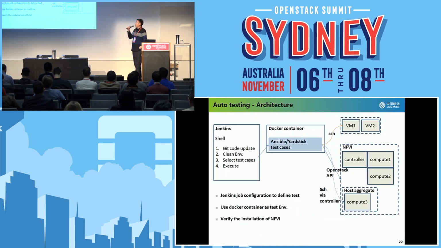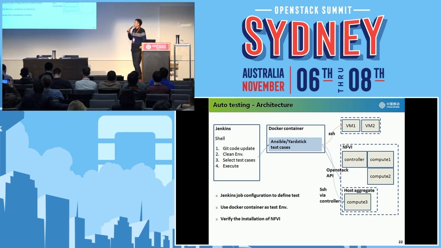And then we go to the automatic testing. Here's the architecture. We use Jenkins too. In the shell, we first do the Git code updating and then clean the environment. After that, we select test cases. Finally, we execute them.